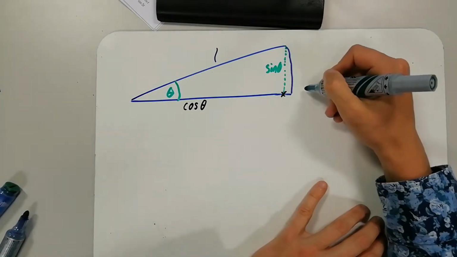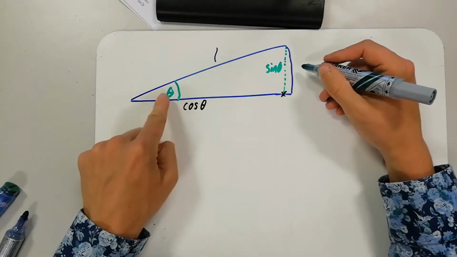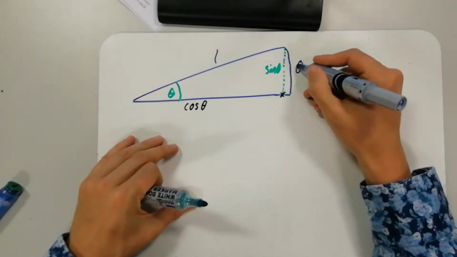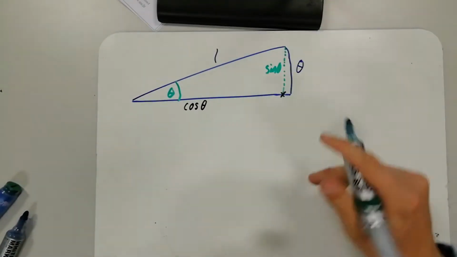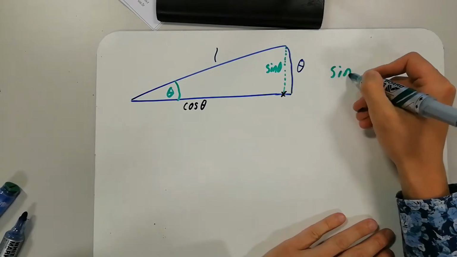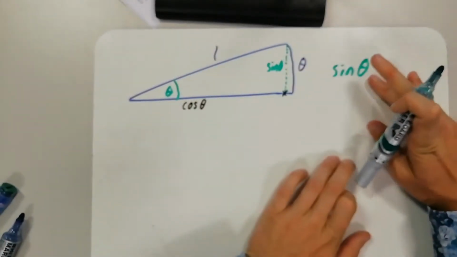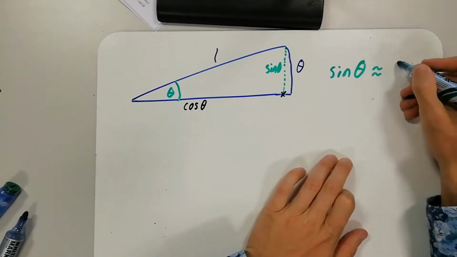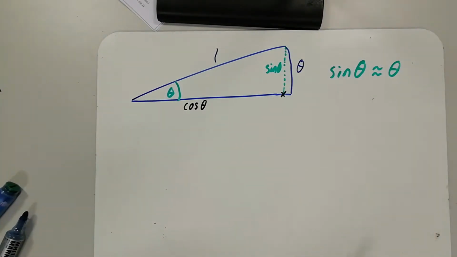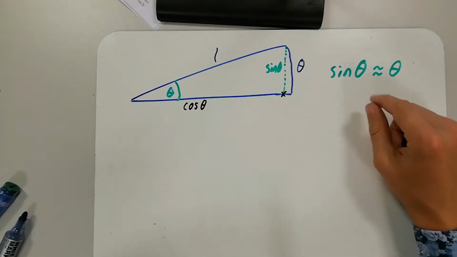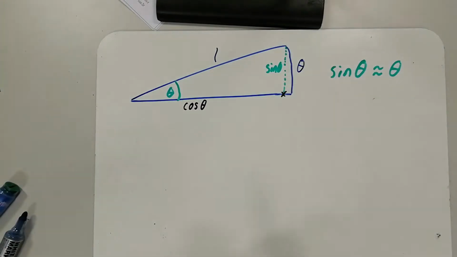The length of that curved line will just be 1 times theta, so that curved arc there has a length of theta. We can see, looking at this, that for very small angles measured in radians, sine theta is approximately the same as theta. Okay, that's going to be a slight overestimate of sine theta, but it's very, very close.